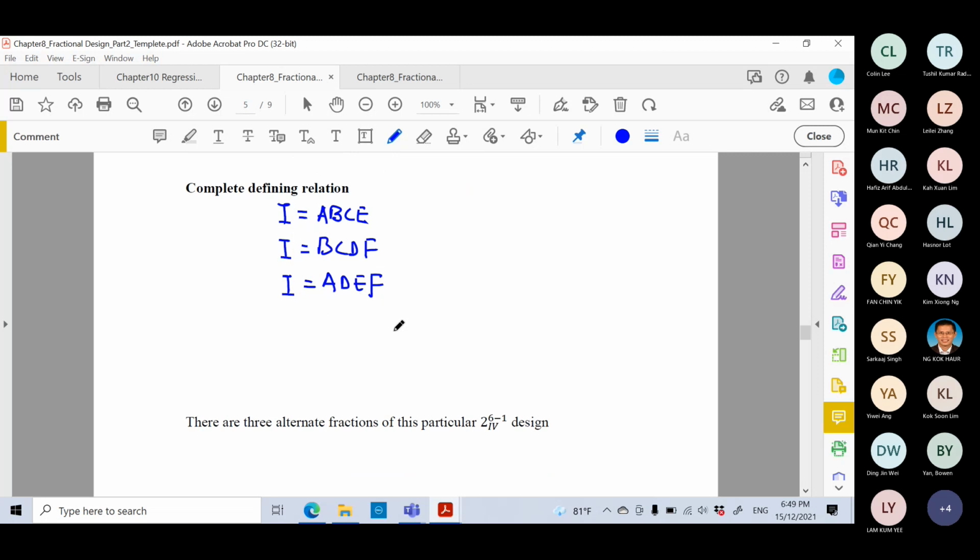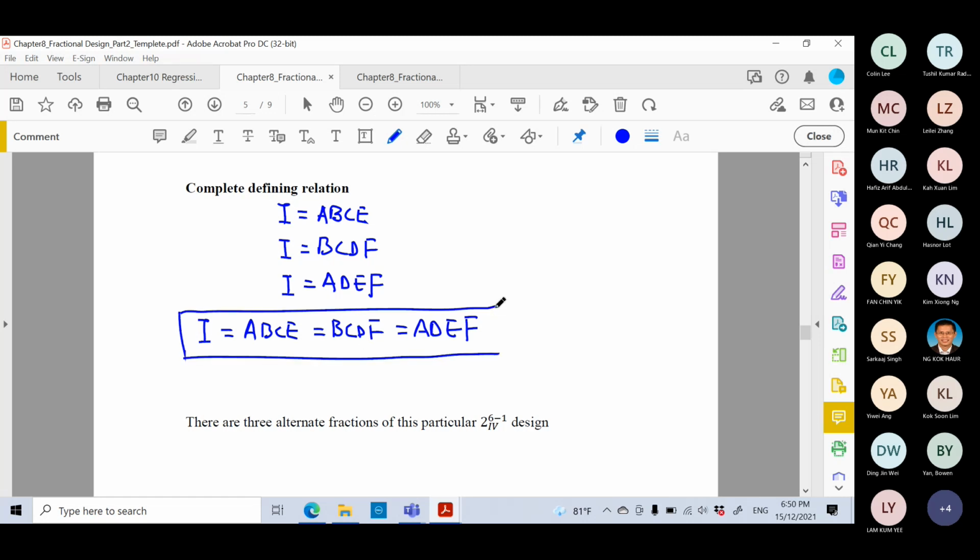After that, we can list down all the alias structure instead of writing them separately. We can get I equals ABCE. So this is what you have for the case of the 2 power of 6 minus 2 design, the alias structure of the 2 power of 6 minus 2 design.